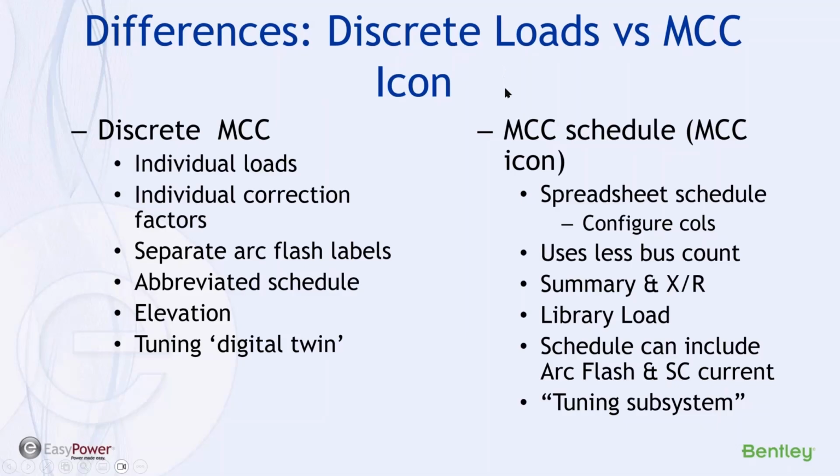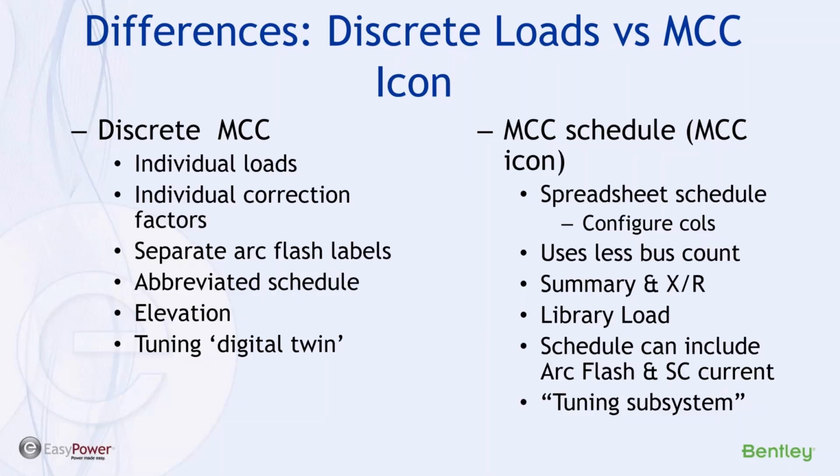And at 3 or 4 loads, there's not much difference in total bus count. But if you have 20 or 30 loads in a motor control center, clearly the schedule is going to be different as far as the load count in my buses, and you'll only eat up 1 or 2 buses for a 30 load MCC.